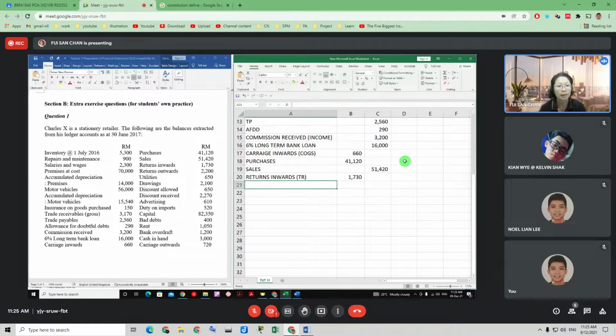Yes, return inwards refers to trade receivable. If return inwards is trade receivable, then return outwards will be from our trade payable, correct. So this one must be debit or credit? Credit, yes.